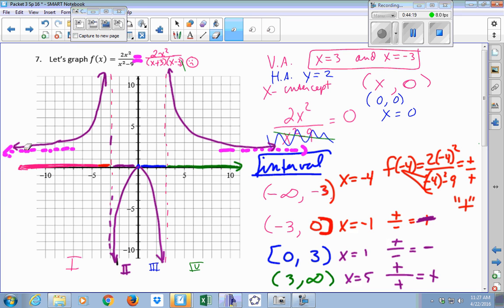Once you know that in this region your graph goes like this, to know when you take a step on the other side of your asymptote into the outer limits, whether you stay positive or change sign, look at the factor where x being -3 made your denominator 0. So here we are. That's the factor. What's the exponent on that factor, x plus 3?